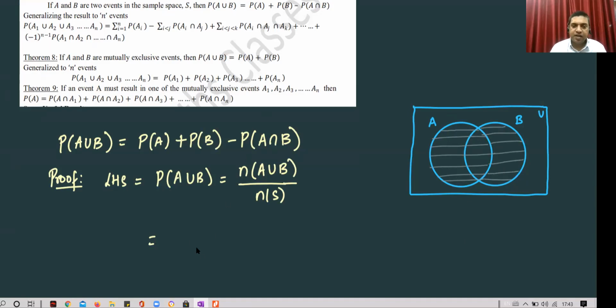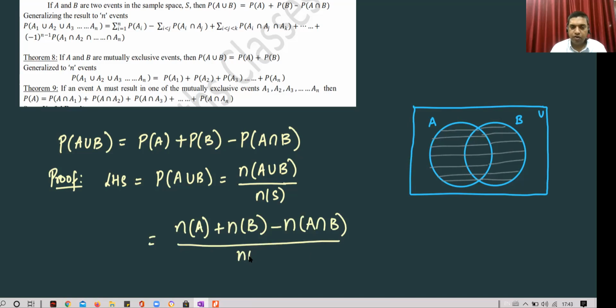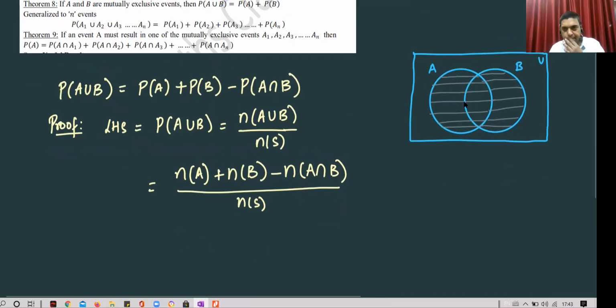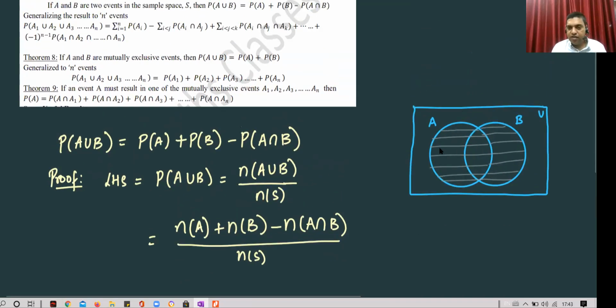From sets, inclusion-exclusion, we know that this is N of A plus N of B minus N of A intersection B, upon N of S. This is the cardinal number of A, which includes all this region, plus the cardinal number of B, which includes all this region within B. In the process, the A intersection B overlap region has been counted twice.